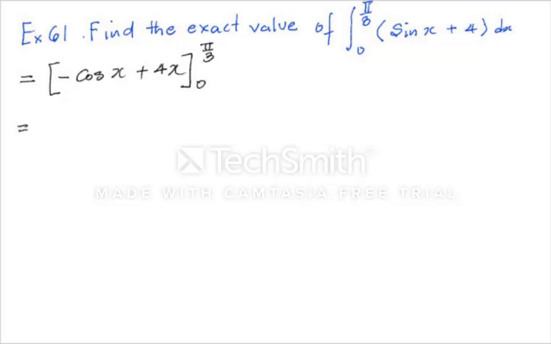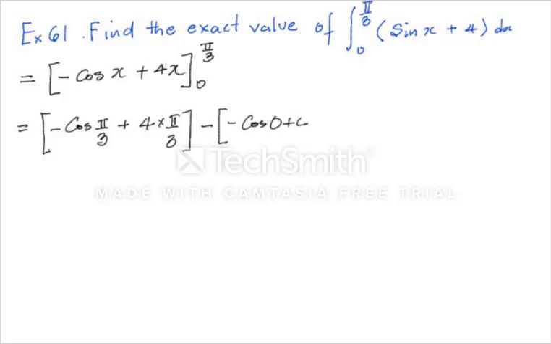So first, when x is pi by 3, I have minus cosine of pi by 3 plus 4 times pi by 3, minus the cosine of 0 plus 4 times 0.